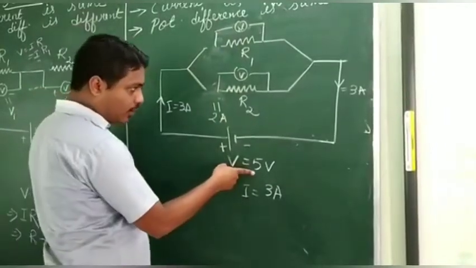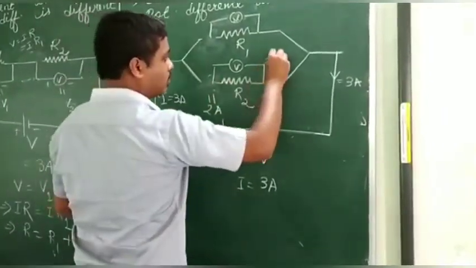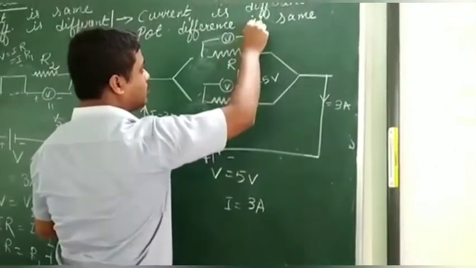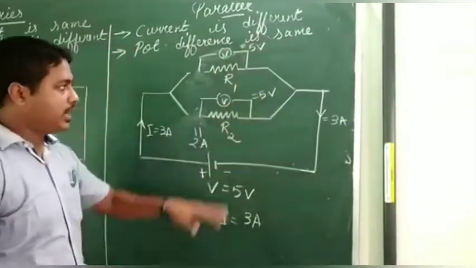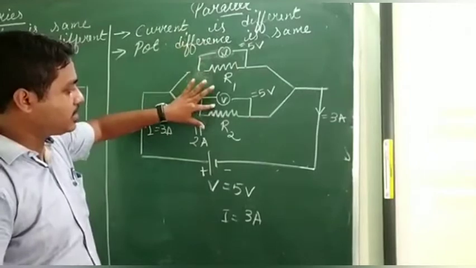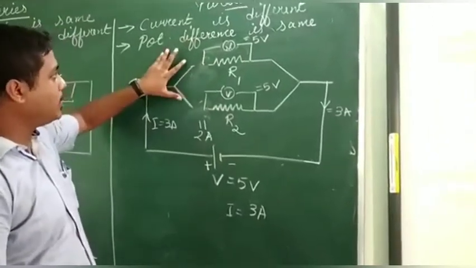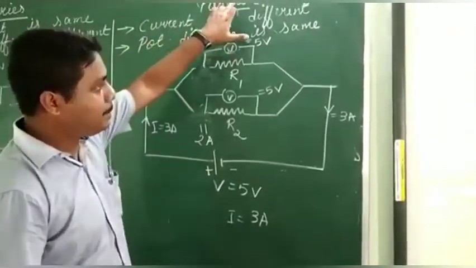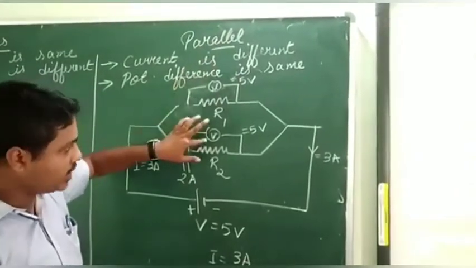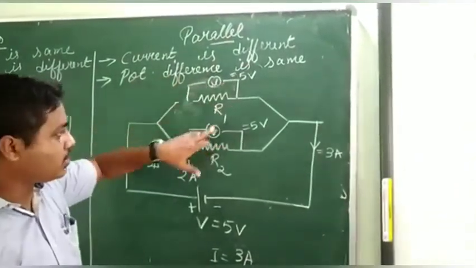It is giving 5 volt. If I connect a voltmeter here, this also will be 5 volt, and this also you will get as 5 volt. That means the potential difference across both the resistors is the same. That's why I have told you that current is different across the resistors in the parallel connection, and potential difference is the same across the resistors.